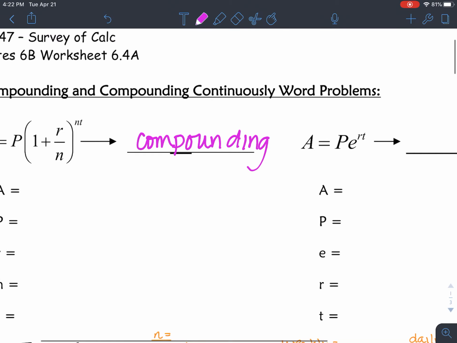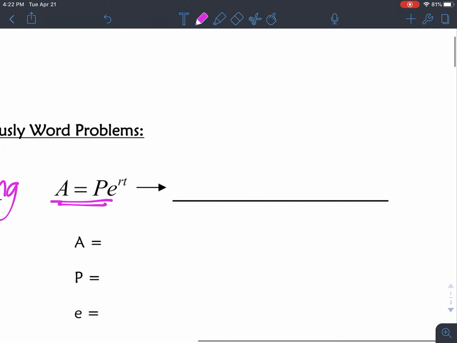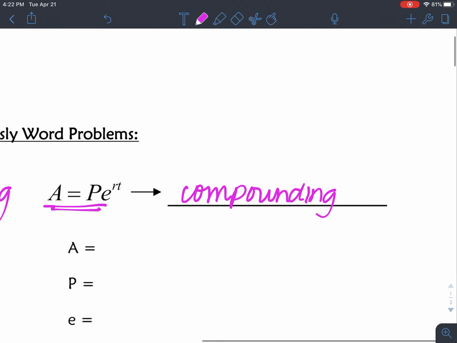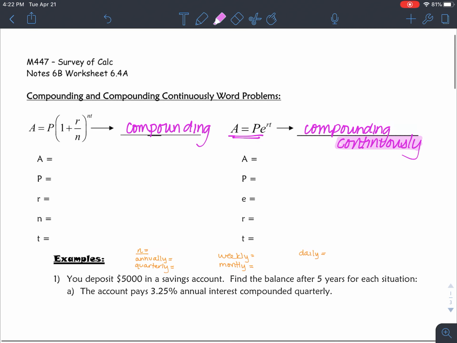Now, Pert: how do you know when to use Pert? That is for compounding continuously. The important word that you see is continuously. So if you see that word continuously, then you know you need to do Pert.